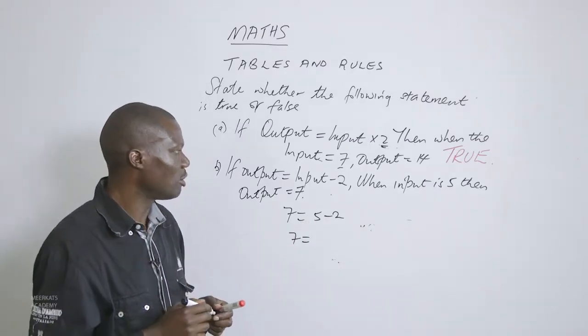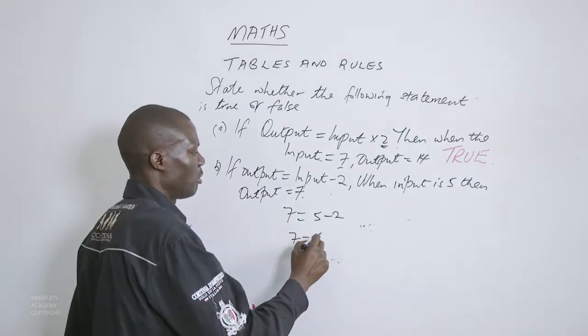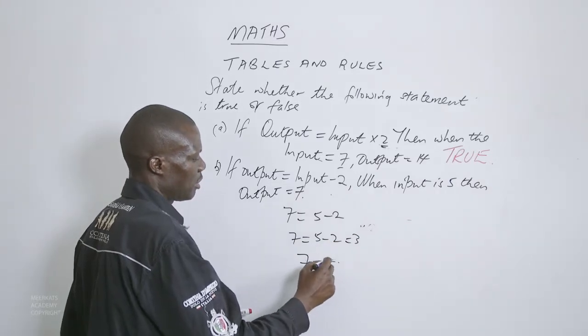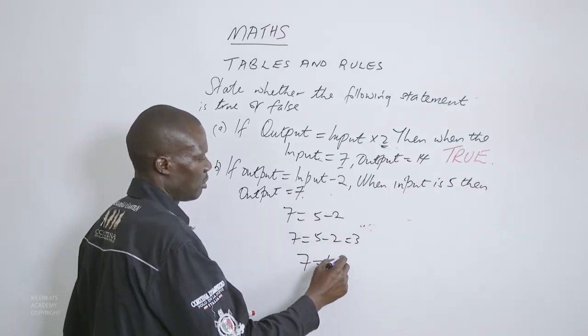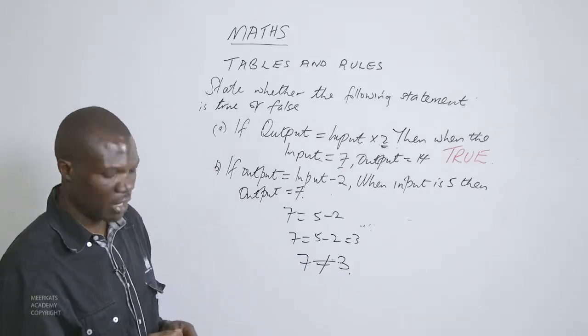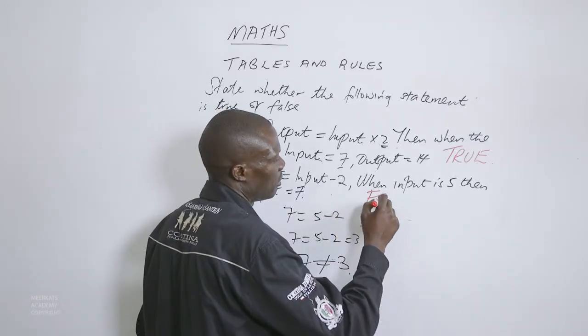You find that 7 is equal to what? 5 minus 2, and 5 minus 2 is equal to 3. So 7 is not equal to 3. So we can say that the statement here is false.